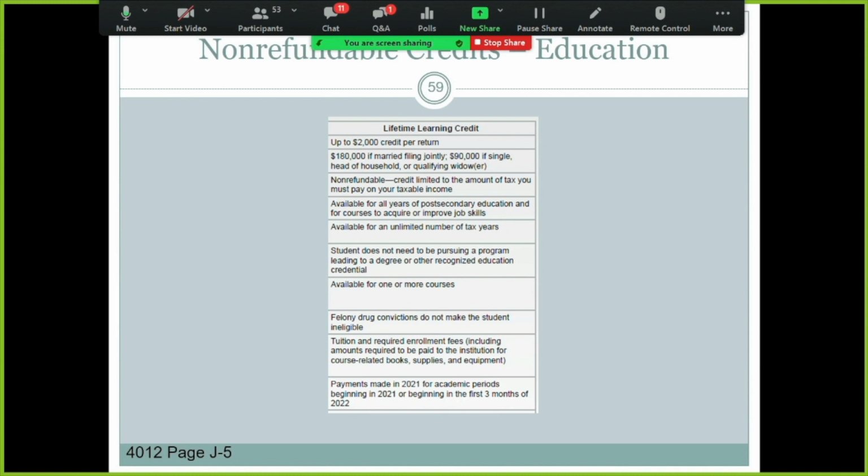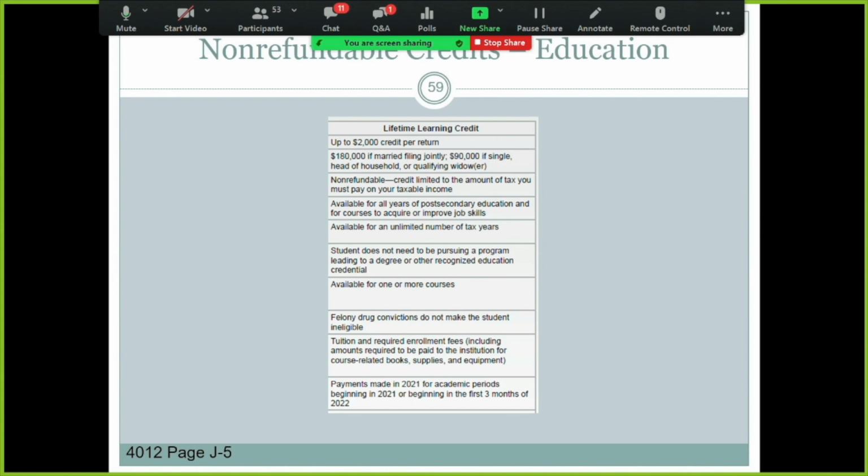So the American Opportunity Credit was limited to getting a degree. But if you have, say, a master's degree and you're going to just update your skills or get some additional training, then if it's to improve your job skills, you would be able to utilize it.